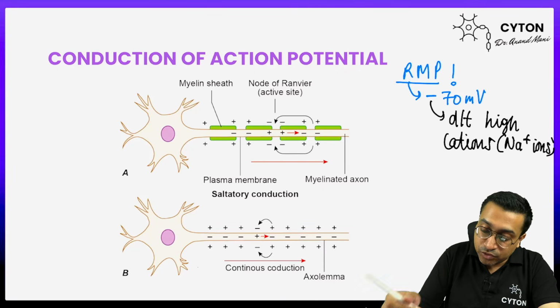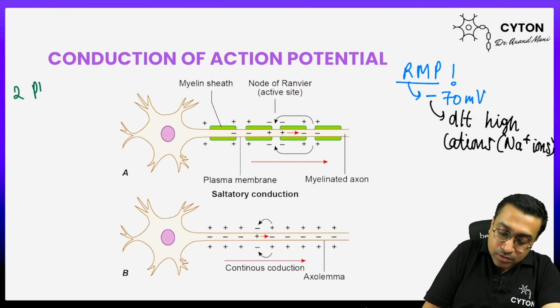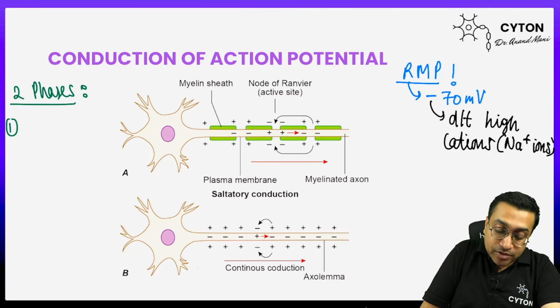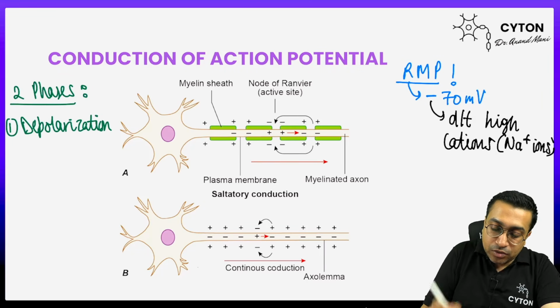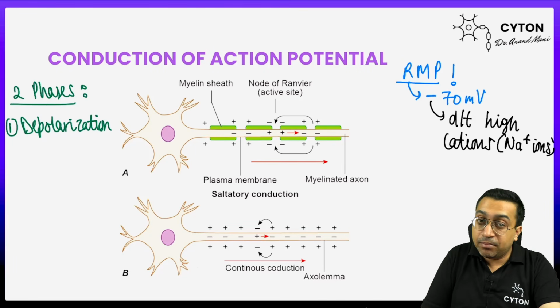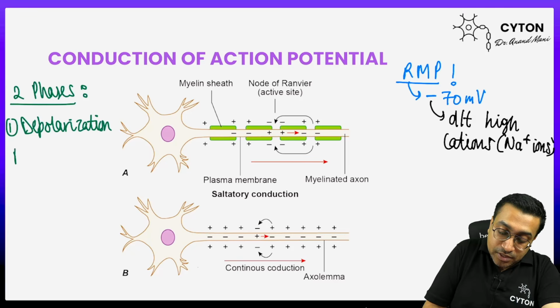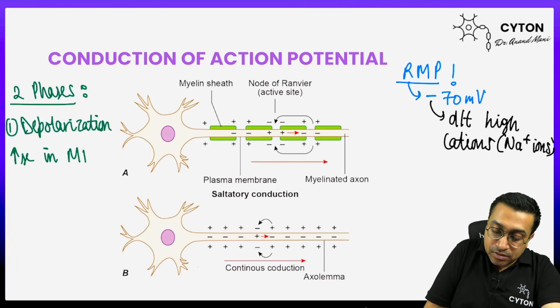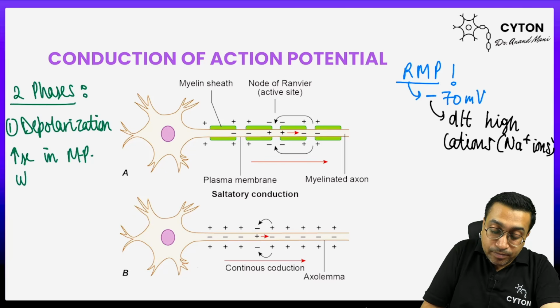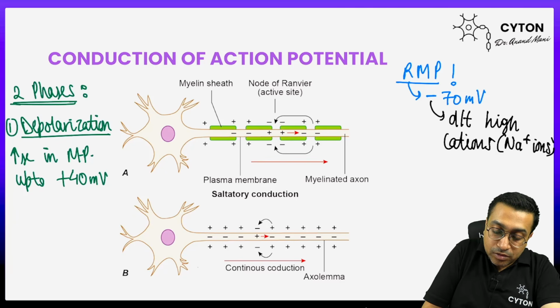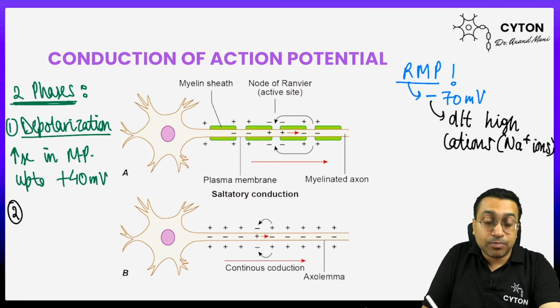The first one is depolarization, which involves an increase in the membrane potential up to plus 40 millivolts. Number 2 is repolarization.